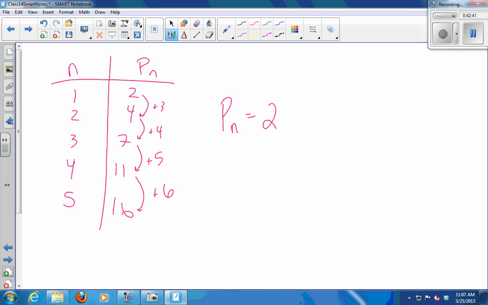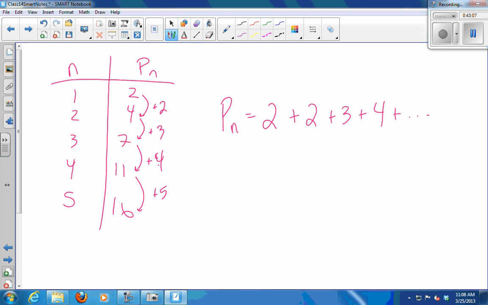Oops, I did that wrong. Those are all off by 1. Plus 2, 3, 4, 5. So I start with 2 and I add 2 to it. So 2 is sort of like my base, my foundation, the first number in the list. Okay, and then I'm going to add 2 to it, and then 3 to it, and then 4 to it.